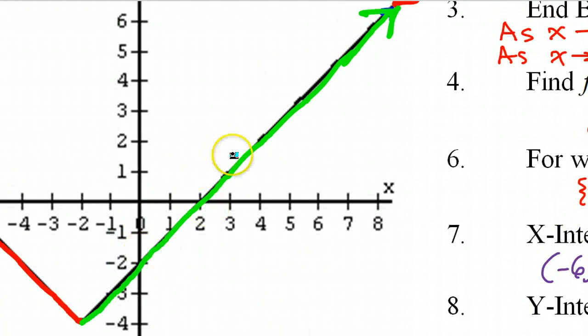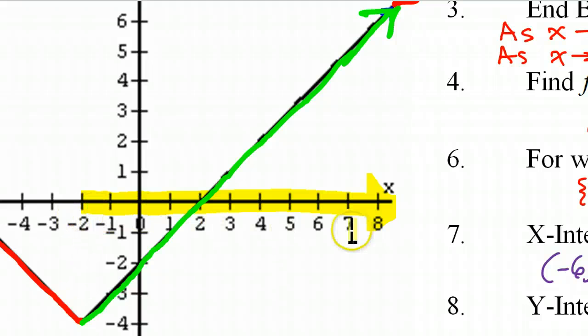Hopefully you can see that this green part of the graph starts here, but don't say -4. You need to look at the x value. So it starts here at -2, and it goes to the right, like that. That's the domain. This yellow I just drew indicates the domain of the increasing part of the graph. So the graph increases from -2 to infinity.